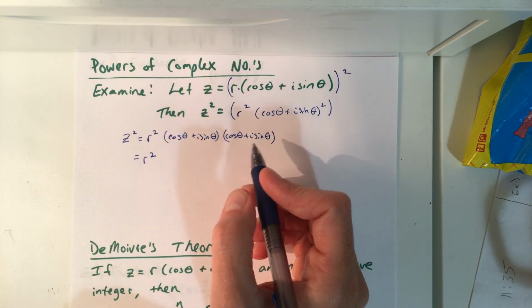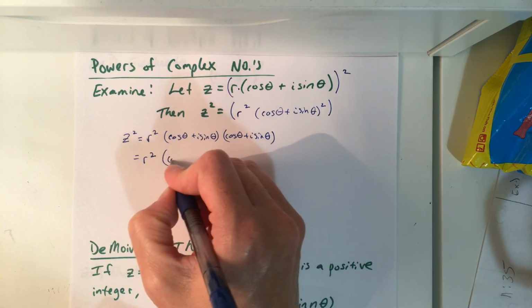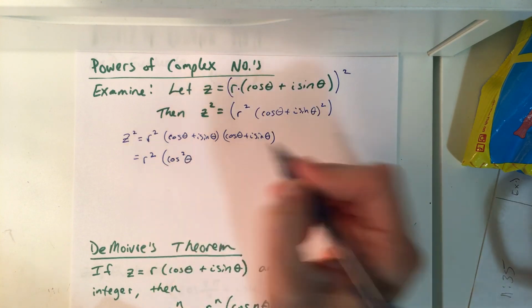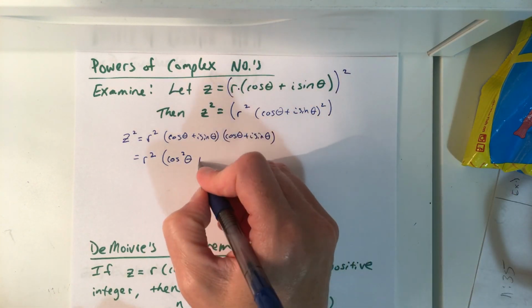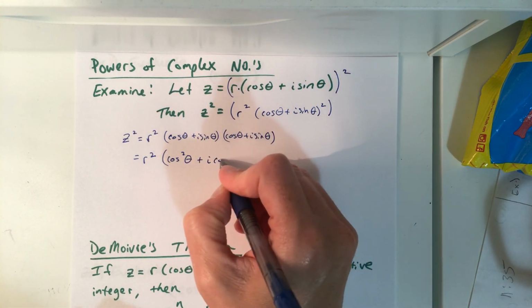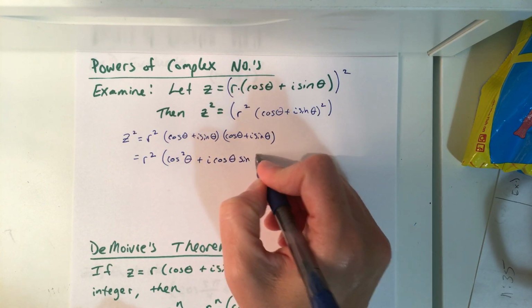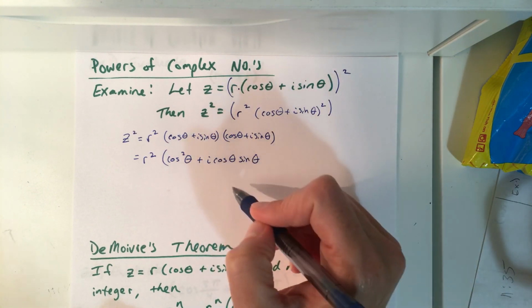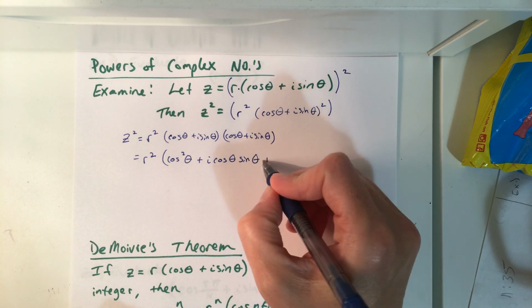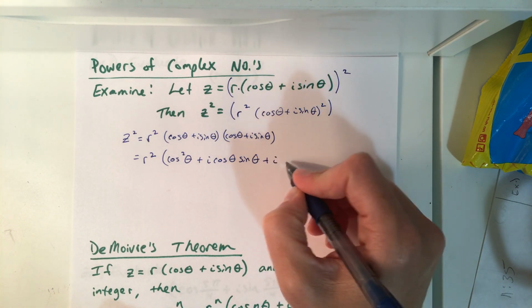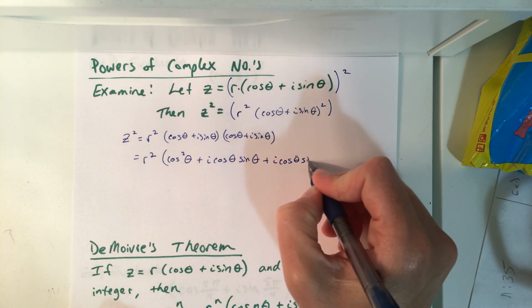And if we use FOIL to distribute all of that, we've got cosine squared. The outer is plus I cosine theta sine theta. And the inner is the same, plus I times cosine theta times sine theta.